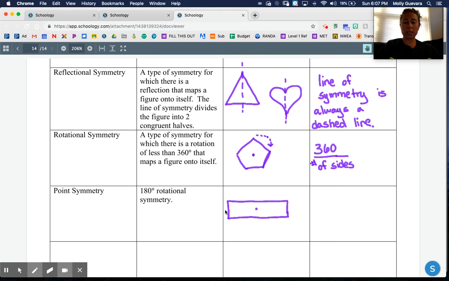So for example, in this rectangle, if I draw this line, if I rotate this 180 degrees, it will line it back up on itself. So we say that this rectangle has point symmetry. So those are the three different types of symmetry that we're going to look at, and we're going to learn how to identify shapes with. So let's go back to our notes and we can get started.